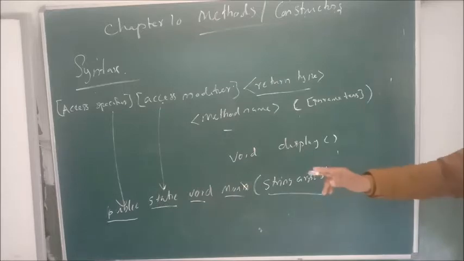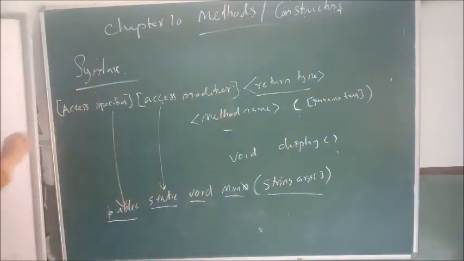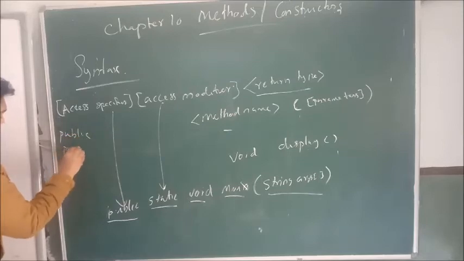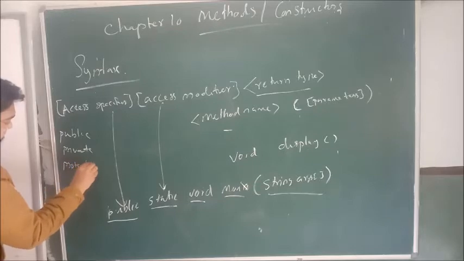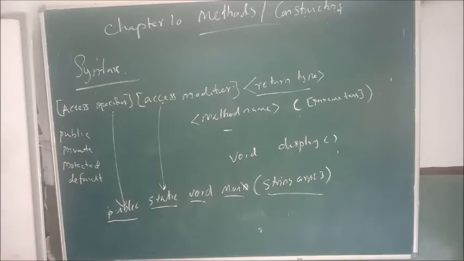Okay. So then in this chapter we discussed different types of access specifiers. The different types of access specifiers we have are public, private, protected, and default. Then we discussed each of these.